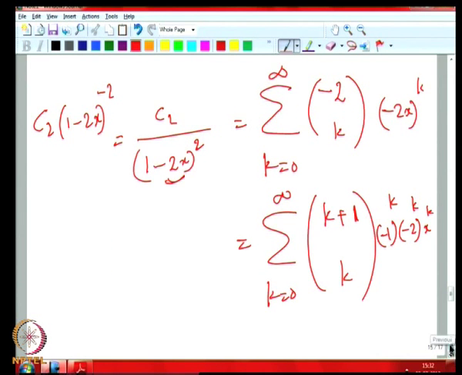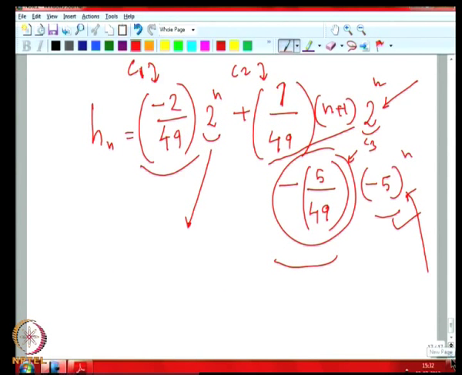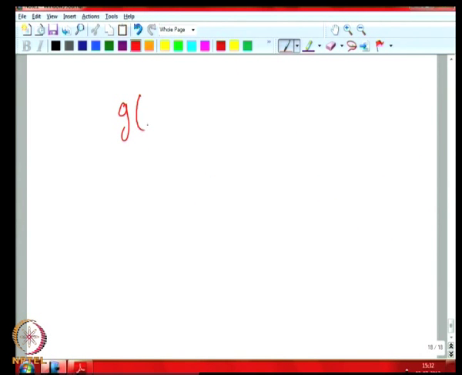Because here these numbers, 2 to the power n and minus 5 to the power n, actually are the roots of Q of x. Why? Because our g of x was written as p of x by q of x.